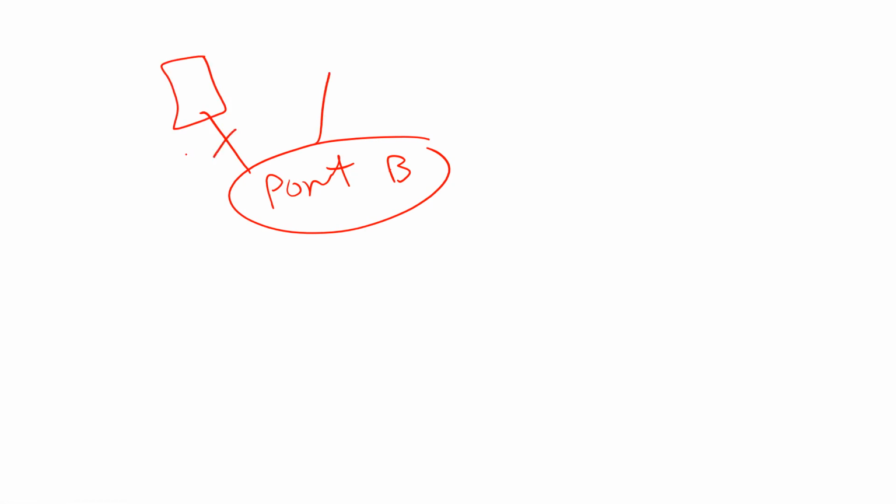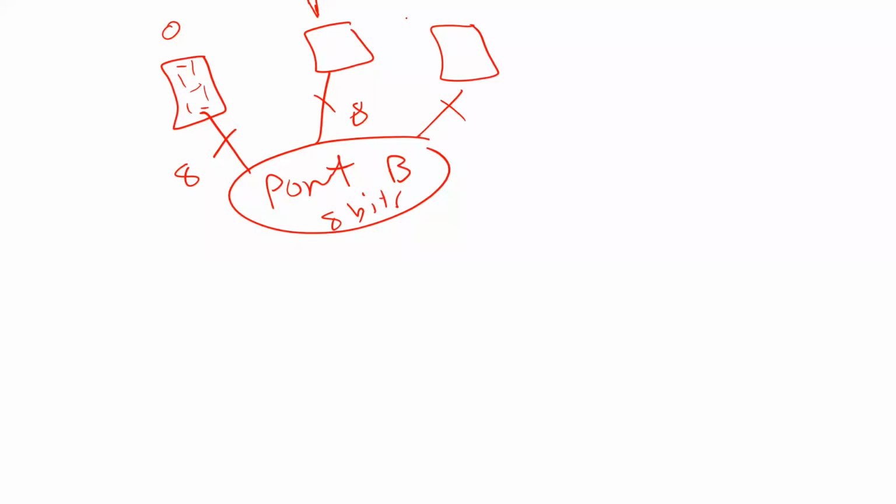So here they are 8, and this is 8 bits. So we have here display 0, display 1, display 2, and display 3, each a 7 segment display.